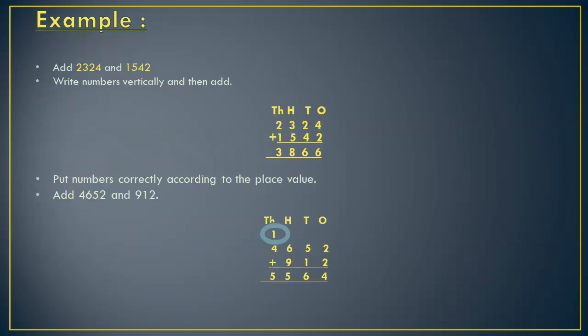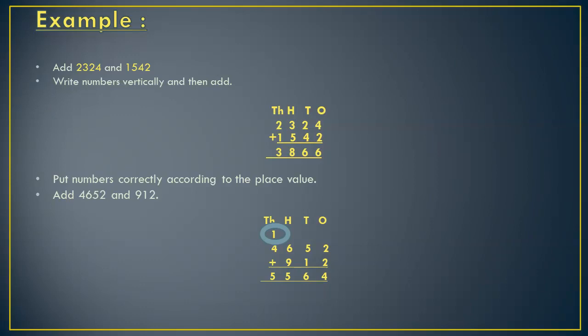Next one is add 2324 and 1542. First of all, write the numbers vertically and then add. And put numbers correctly according to the place value. Now we are going to start from the right side.